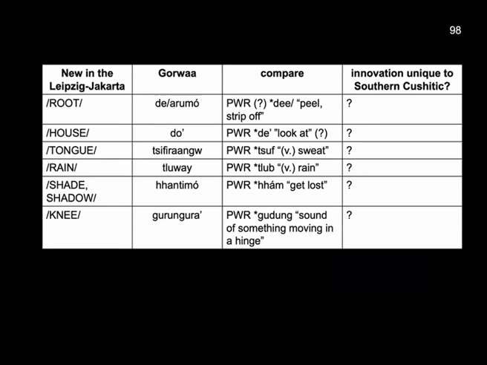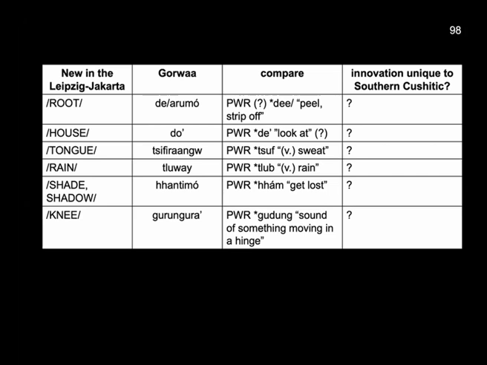So we have darmo, which is the word for root in Gorwaa, or vein, for example, and that's a whole other discussion. But we have a Proto-West Rift possible root for something like to peel or to strip off. Then we have a form like de, which is like to look at.